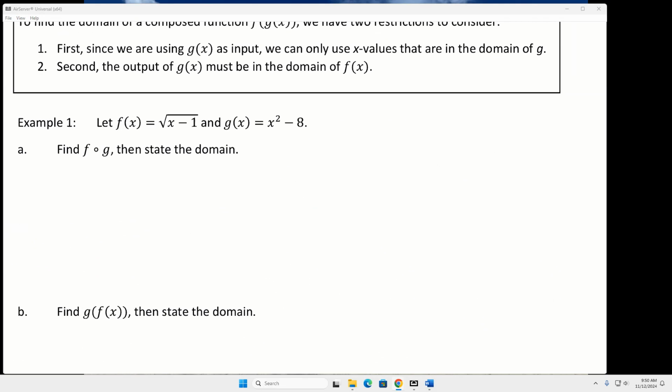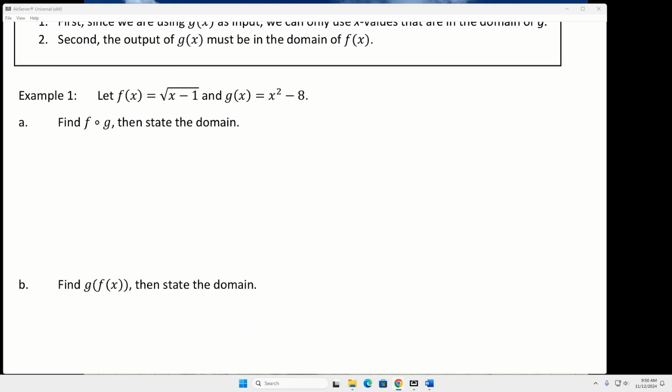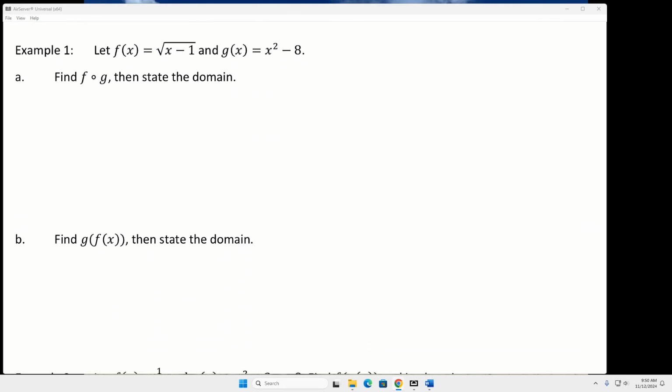Okay, so let's do some of these. We are going to first find the composition. So on example 1, we have f is the square root of x minus 1, and g is x squared minus 8. So we're going to do f of g of x. So we're going to take g, which is x squared minus 8, and we're going to put it into f.